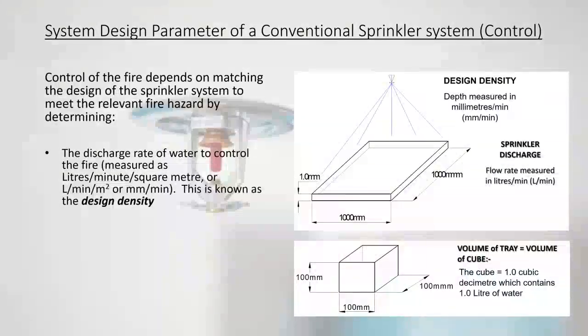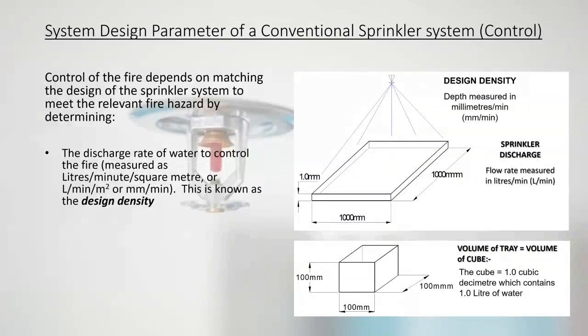So density is measured in millimetres. Now, I don't know if you've heard, but you'll hear 5 millimetres a minute over an area of 260. So 5 millimetres a minute is literally the depth of water you will have on the floor after a minute. So if I say 5 millimetres a minute to you, the sprinkler system will deliver 5 millimetres depth of water over that area.